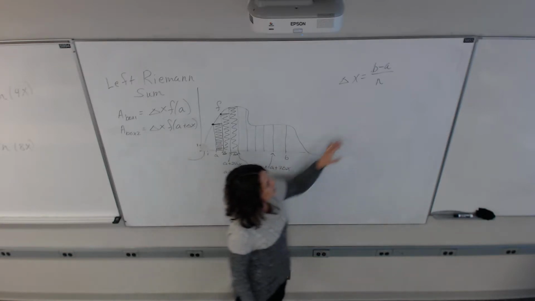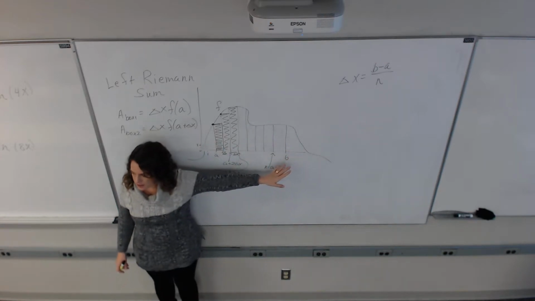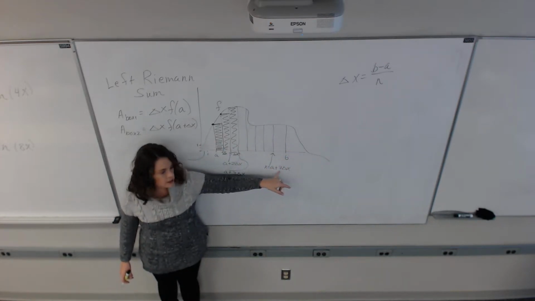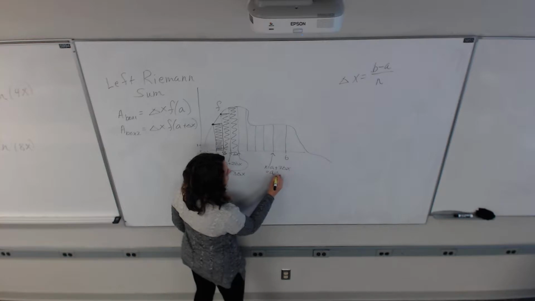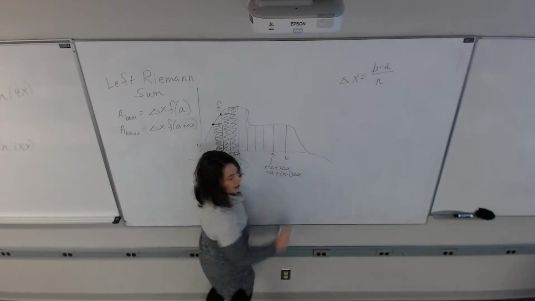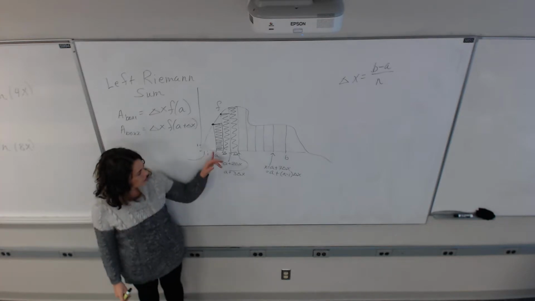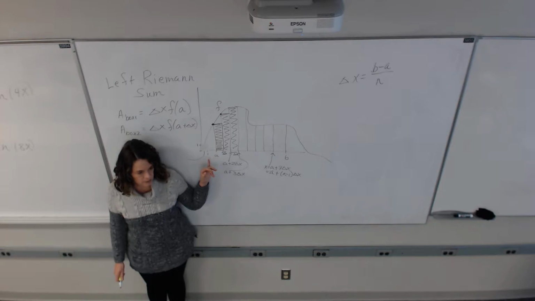How does 7 relate to the number of boxes? We said there are 8 boxes in what I drew. Do you notice that 7 is 1 less? So on a left Riemann sum, the last one is going to be at n minus 1 delta x. Because the first one is at what we call x sub 0, meaning I haven't moved across any partitions yet.